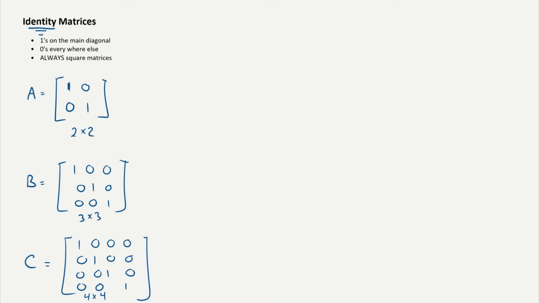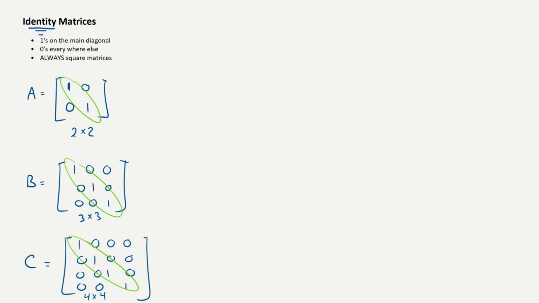And it's pretty easy to identify an identity matrix because, as I said, 1s on the main diagonal and 0s everywhere else. In fact, it's the form of a matrix when you do reduced row echelon form, when solving a system, getting a 1 everywhere except for in your final column of the augmented matrix. Okay, but that's just in the application of solving a system. By identity by itself, 1s on the main diagonal, 0s everywhere else.